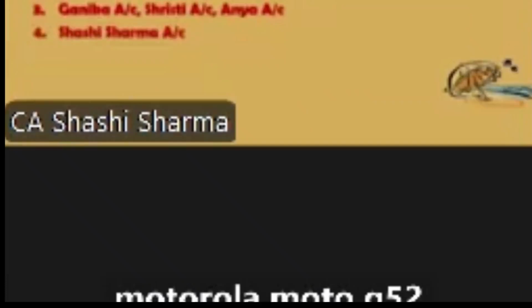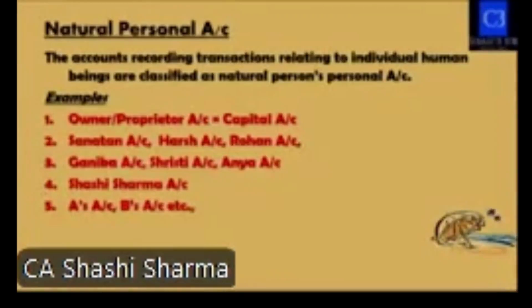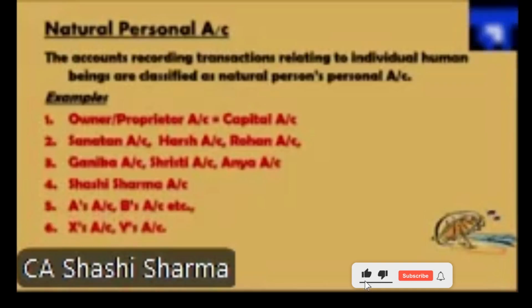Next, it's my name. I am also a natural person. Again, in some transactions, in some questions, you will find A's account, B's account, or X account, Y account. These accounts are also known as natural person accounts.